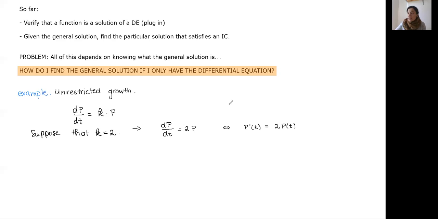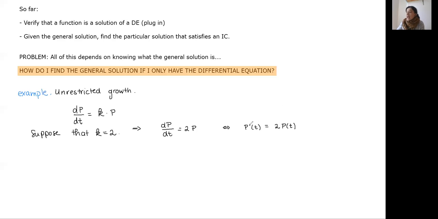But before we start solving the problem, I want to ask you if there's any of you that would make an informed guess about what the function P has to be. Let me read this out loud for you, and hopefully this will help. I have a function P, and when I differentiate that function P, I get the same function that I originally had, but multiplied by 2.